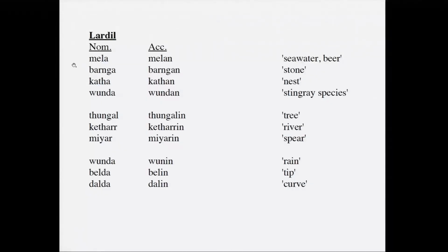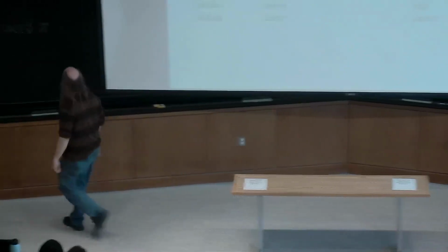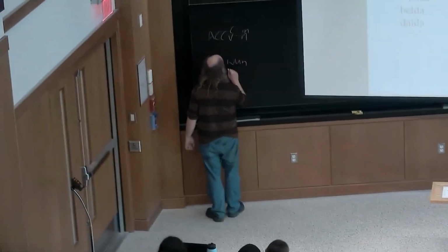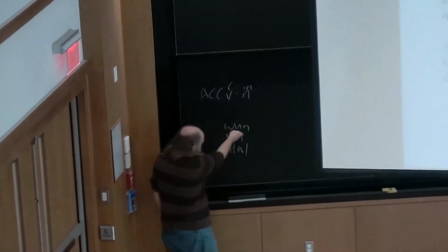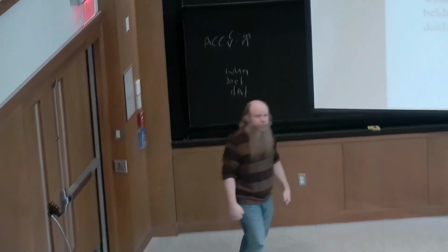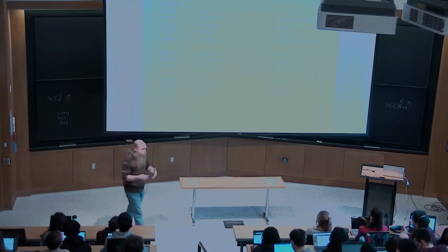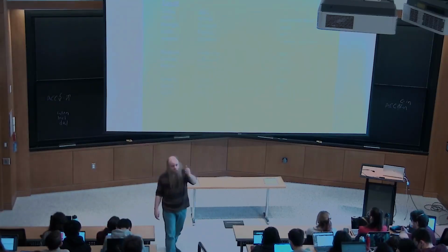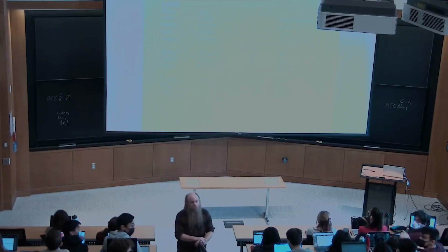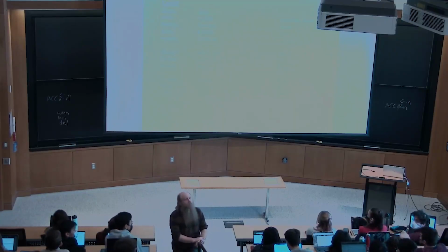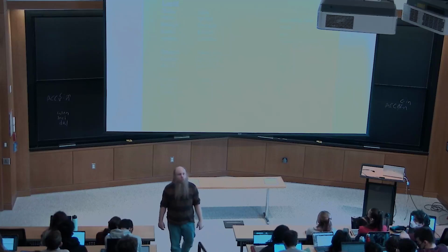Yeah. So I'm just going to write that down: one, bel, and dal. And then if it were that, well, we would be able to get the accusative. And we would need to do something to get the nominative. Yeah, Lada? Can you say something about the fact that all of them are one syllable? If you have to shorten, and this is the head, for whatever reason? I think that would be very attractive, yeah?